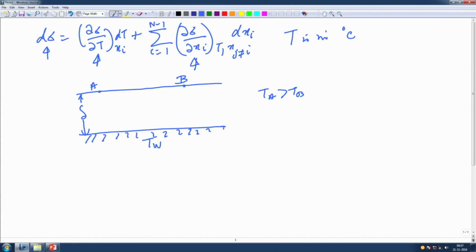So naturally what will happen is that the surface tension magnitude at point A and point B will be different.